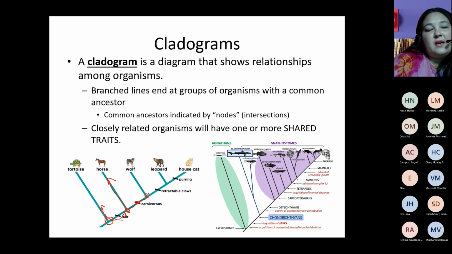Some of these carnivorous, hairy organisms have offspring that we now know as wolves, and some of those carnivorous, hairy organisms gained retractable claws. Some of those became leopards, and others developed the ability to purr, and then we have the house cat, which is our final destination on this cladogram.